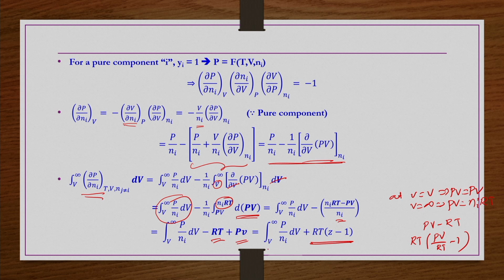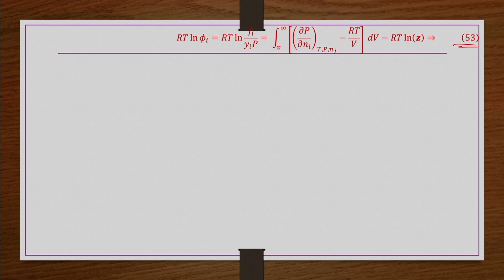This expression we will substitute in place of integral dou P by dou Ni in equation number 53 that we have derived. So, in place of dou P by dou Ni, we will write integral P by Ni plus RT (Z minus 1).